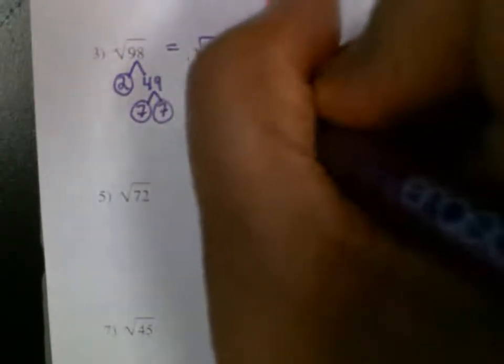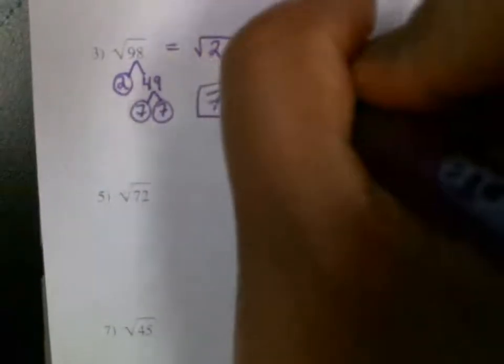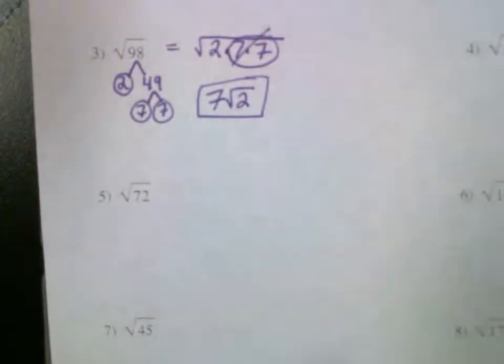Just 1 seven. What's left under the radical? 2. So this is my answer. Questions about that one?